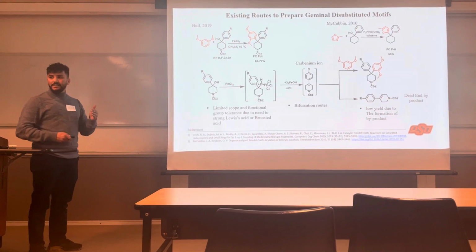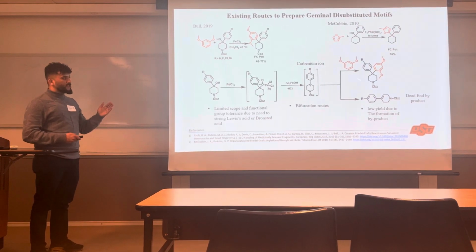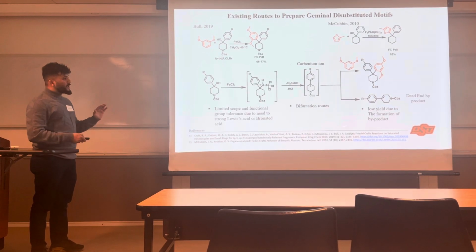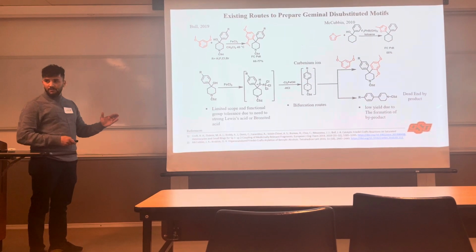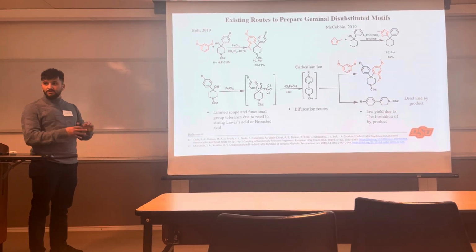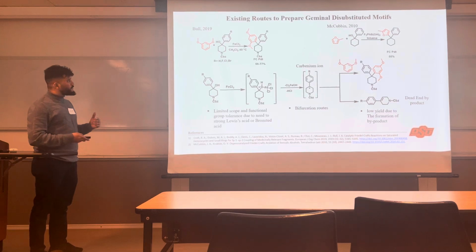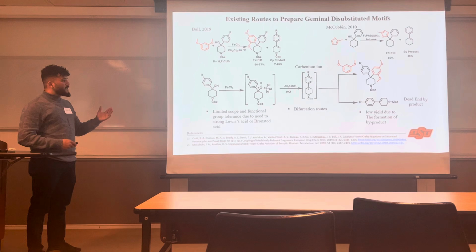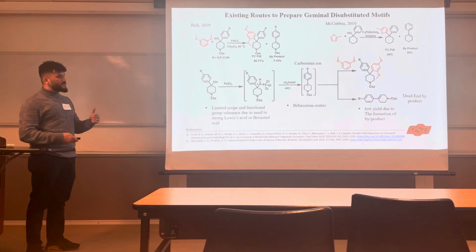This product is a dead end, and the fact that you cannot control these two routes, because both of them are happening at the same time, causes the reaction yield to be low. So if we could somehow prevent this route from taking place, we would increase the yield of this reaction. And this is what we have been doing in the lab: finding a weak acid to generate the carbenium species and prevent this route to increase the yield.